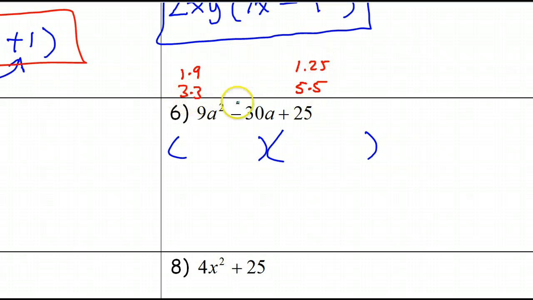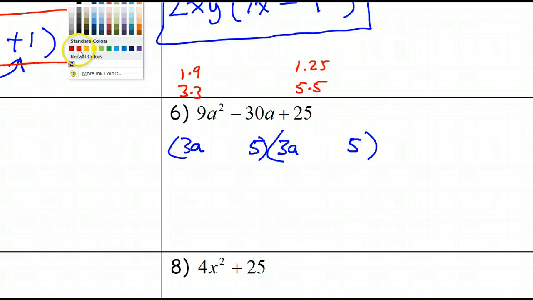Let's start with the ones that are sort of close together. Let's start with 3a times 3a and 5 times 5. If this doesn't work, we'll try other combinations.